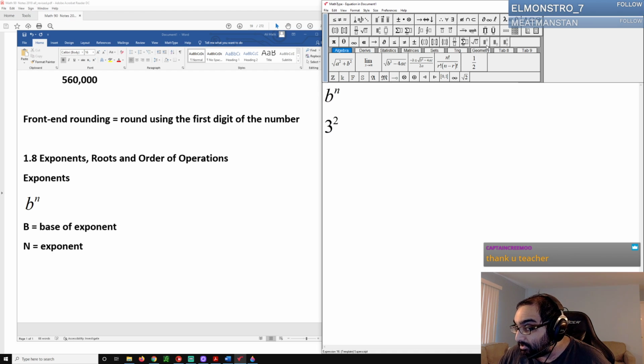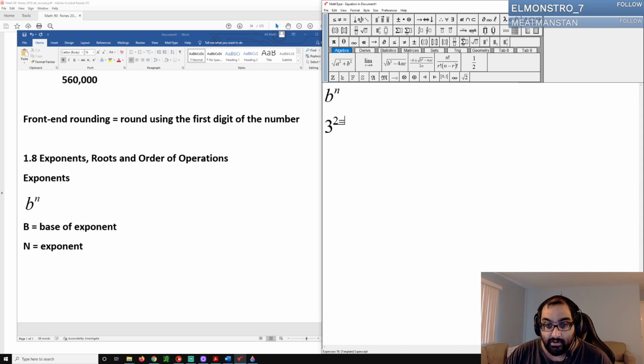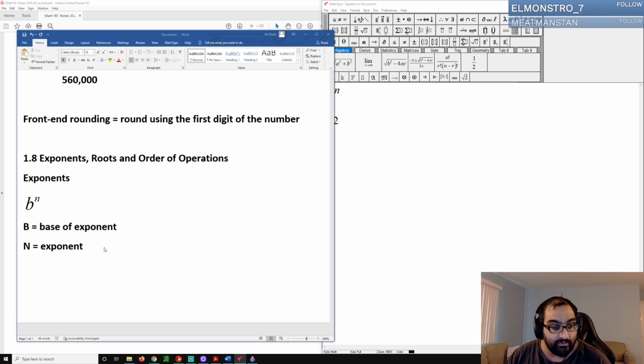Thinking of it in terms of practical use, the exponent reflects how many times you're multiplying the base by itself. So that's what the exponent does. The exponent just tells how many times you will multiply the base with itself.